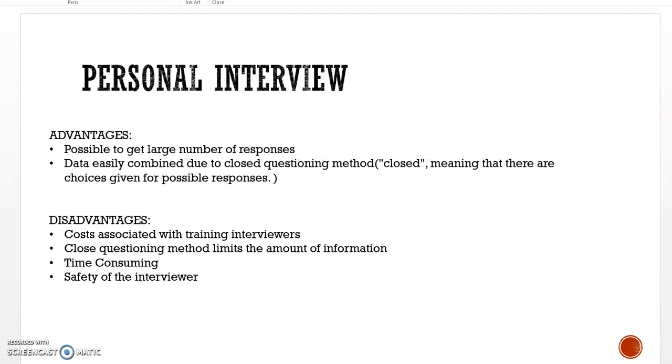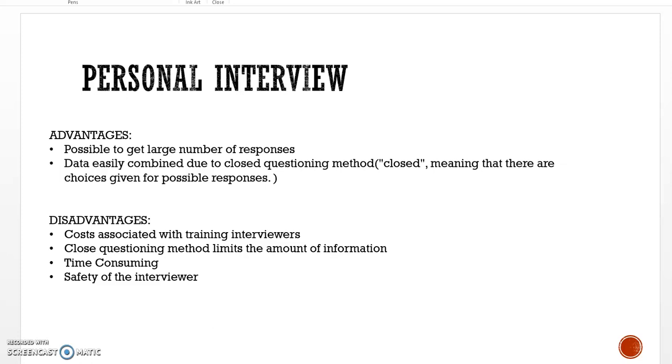Personal interview. I'm just going to go through the advantages and disadvantages to each type of interview. A personal interview, when you do this, it's possible to get a large number of responses. Okay. And this data, though, could be easily combined because we used closed questioning method.